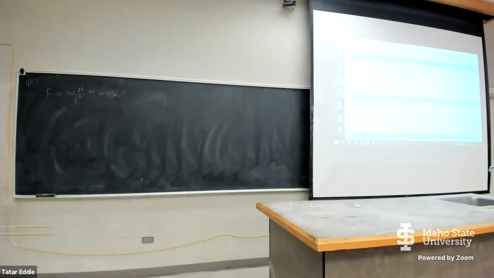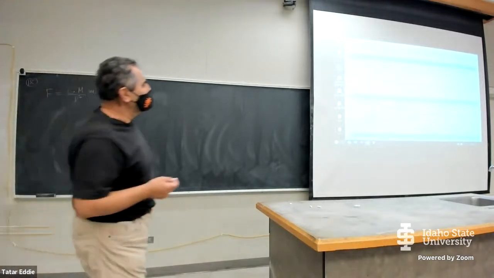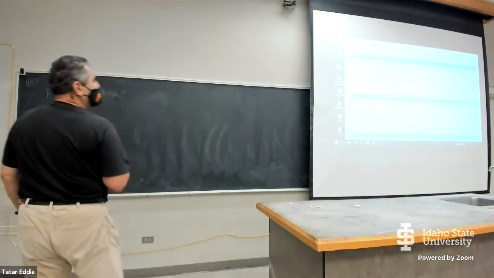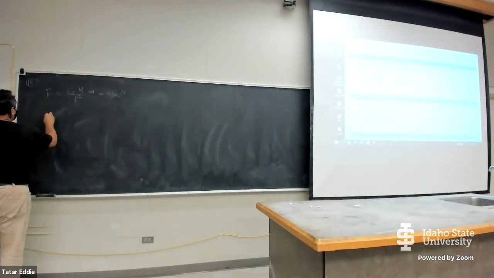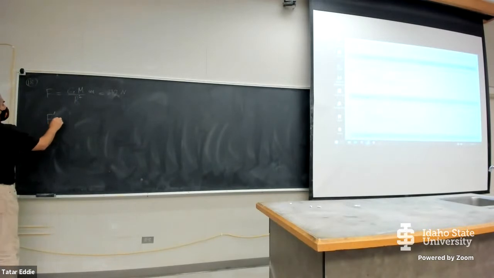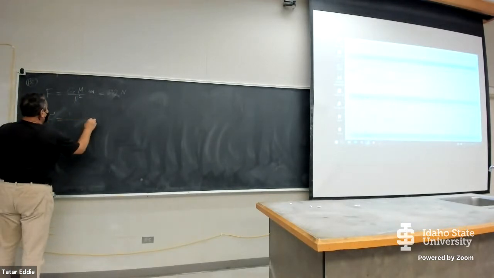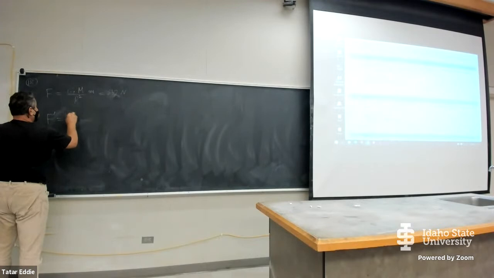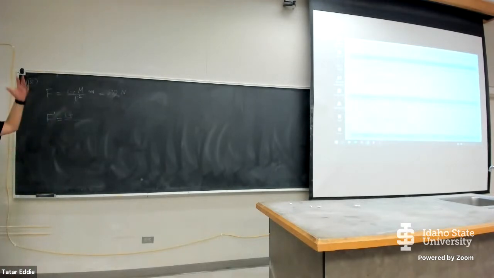So basically, now the weight on this different planet is going to be F prime, and it is going to be calculated by the same gravitational constant G, because capital G is a universal constant of nature.